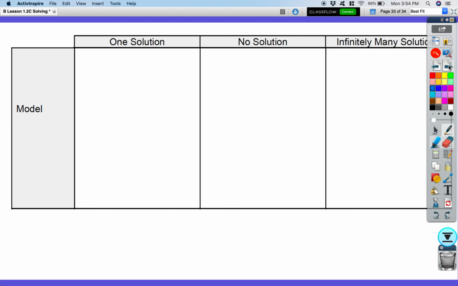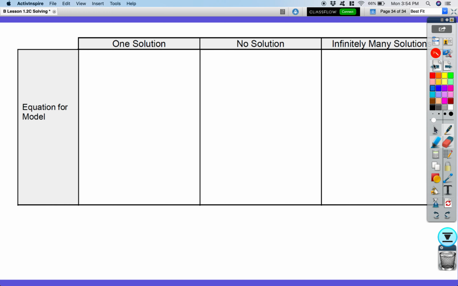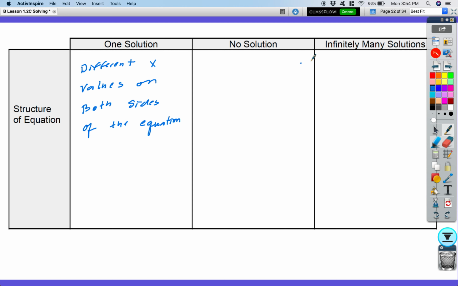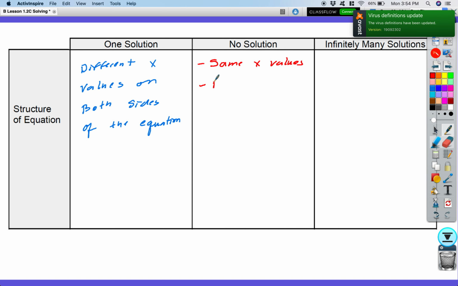Let me double check what the last one is. Equation model. Okay, so let's go ahead and look at this then. The structure of a no solution is same x values and then different constants. That's like me and Julian, what we talked about.